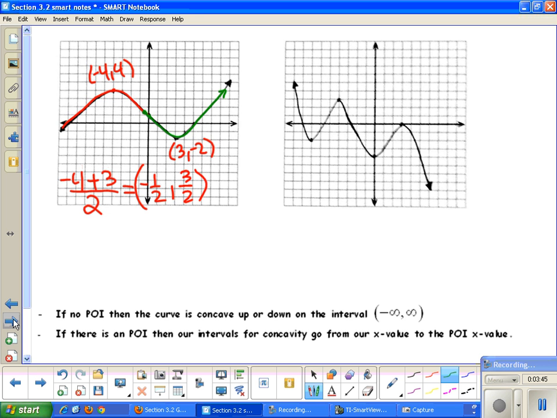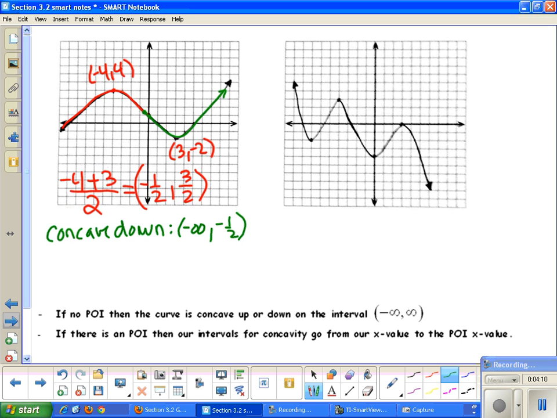Now, with this, we can write our intervals. So we're concave down on the first interval from -infinity to the x value of our point of inflection, -1/2. And just like when increasing and decreasing changes over, you don't include that value for the point of inflection where you're changing from concave down to concave up.